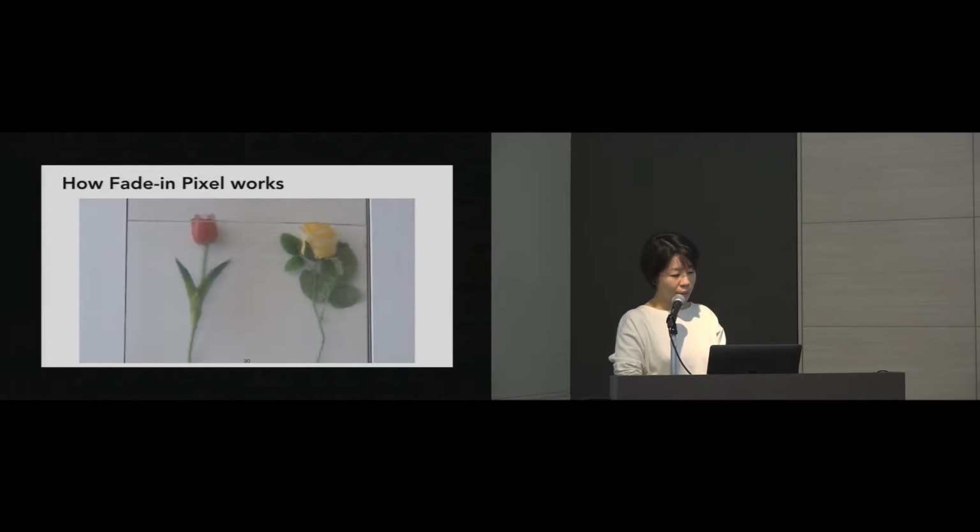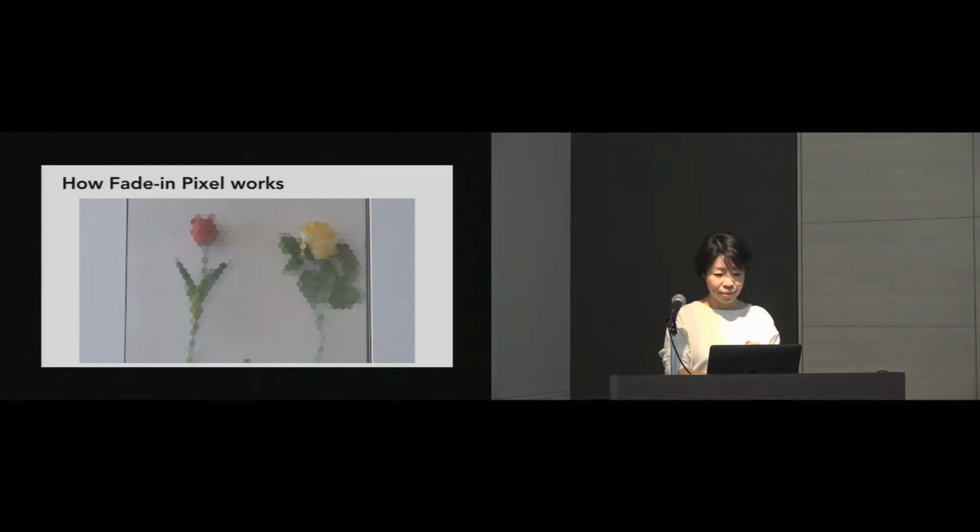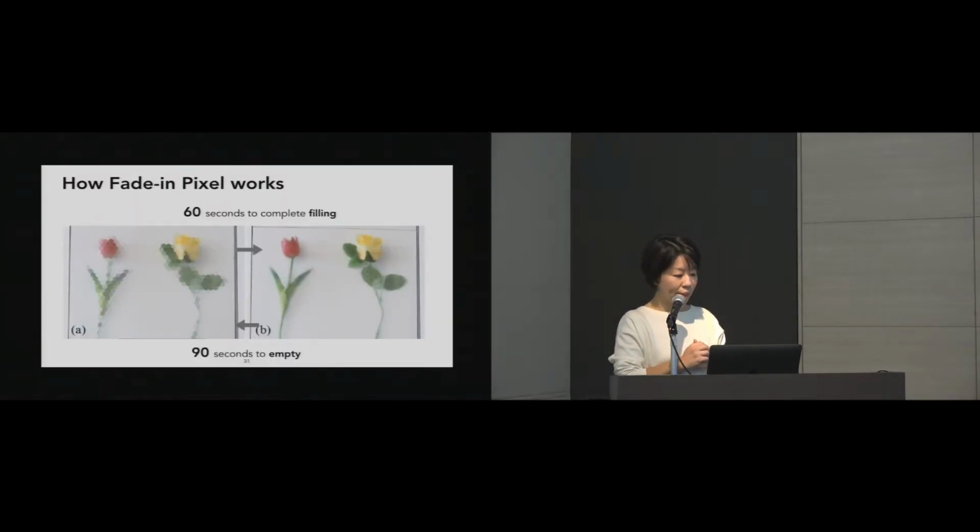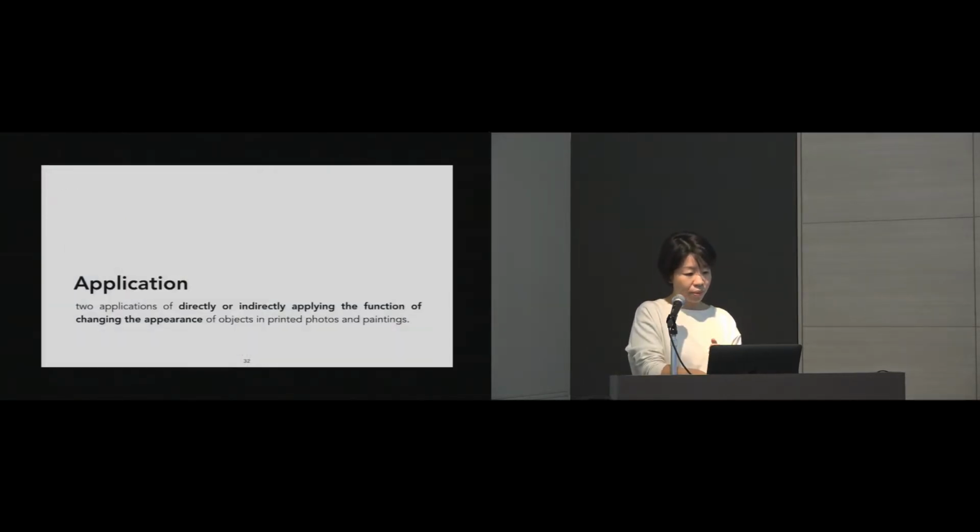As shown in the movie, when the artificial flowers are placed on the other side of the filter, they appear pixelized when the transparent liquid is released, and then appear clear when the case is filled with the liquid. It takes 60 seconds to fill the case with paraffin and 90 seconds to empty it completely.